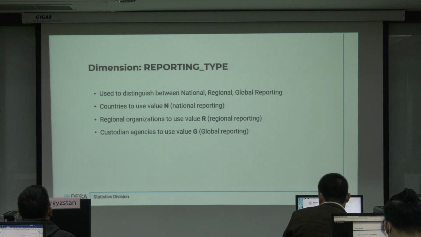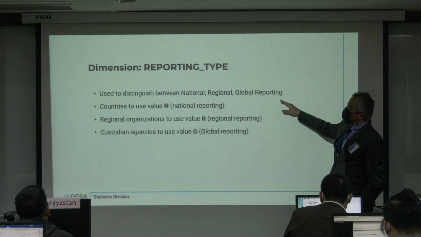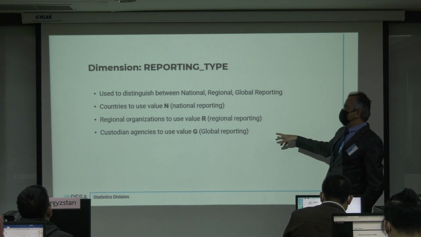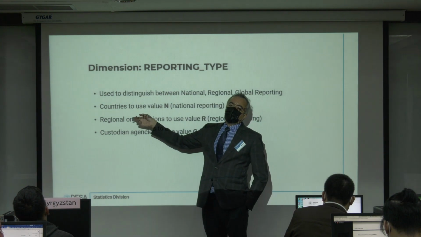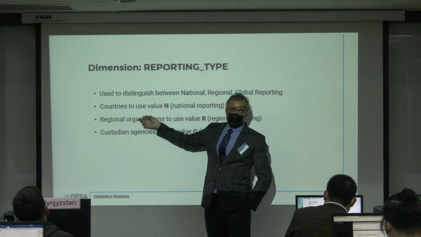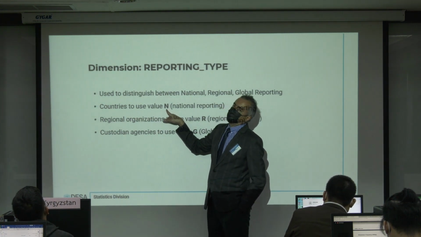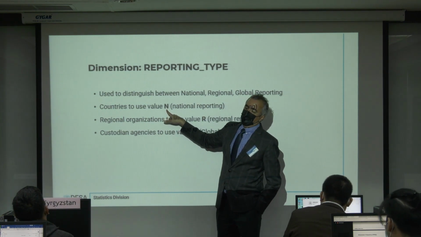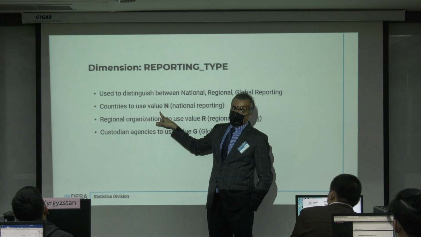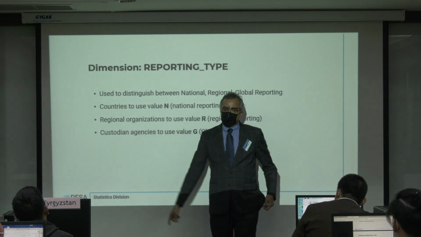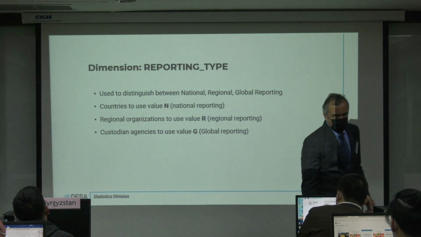Reporting type. Used to distinguish between national, regional, and global reporting. As you are representatives of your countries, you always use N. You never use anything other than N. You never use G. N reports to the region of data.